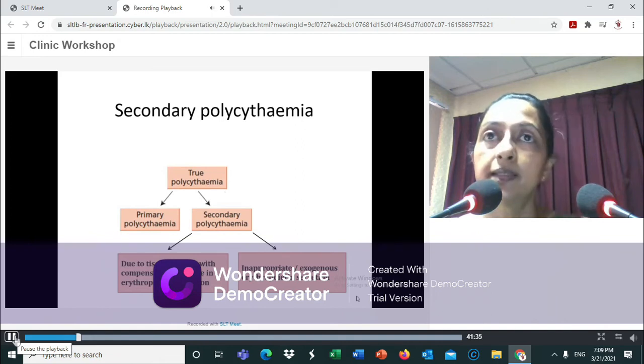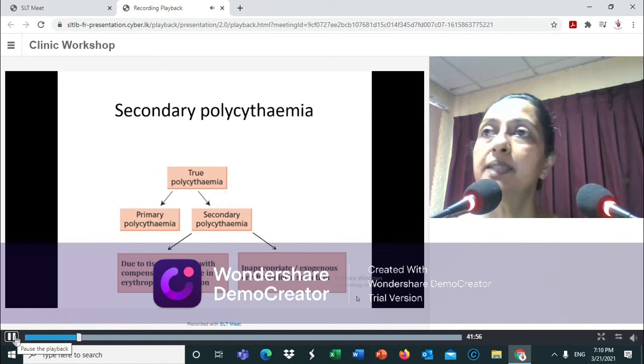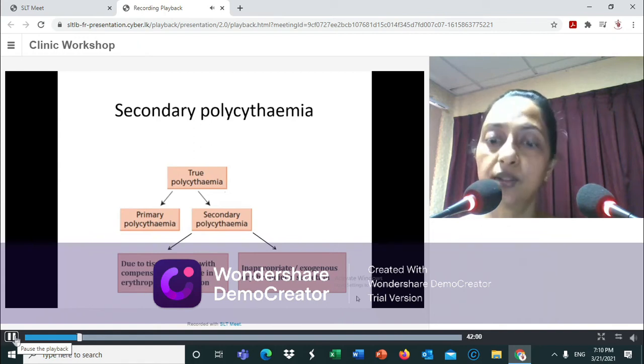Secondary polycythemia, as you know, depends on abnormal erythropoietin secretion. This abnormal erythropoietin secretion can be either due to tissue hypoxia, where there is a compensatory increase in erythropoietin, or there can be some source in the body where there is inappropriate or exogenous erythropoietin secretion.